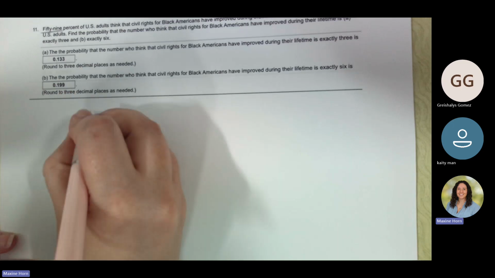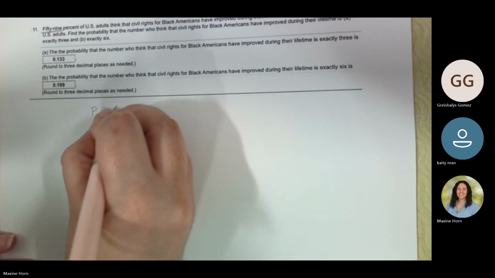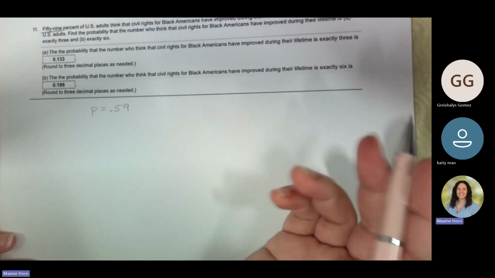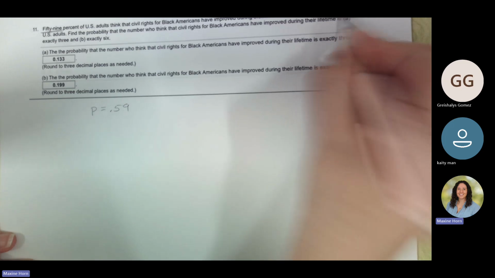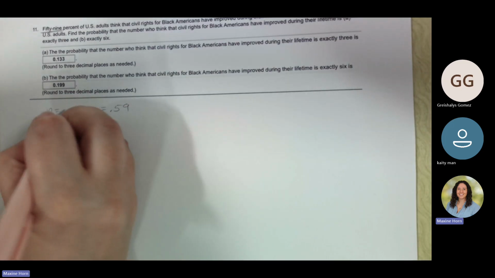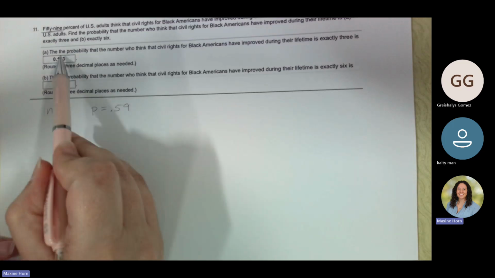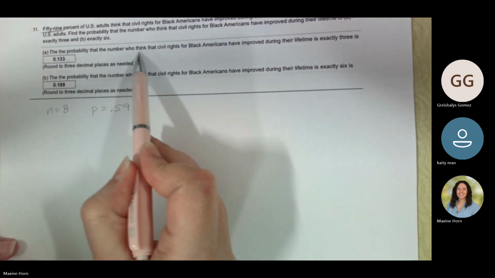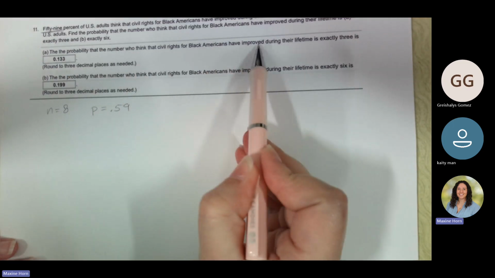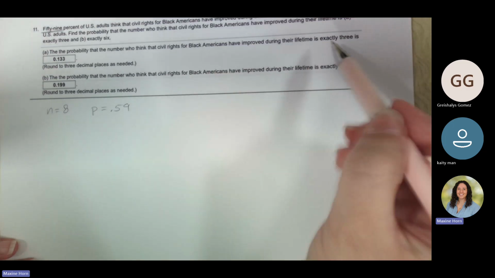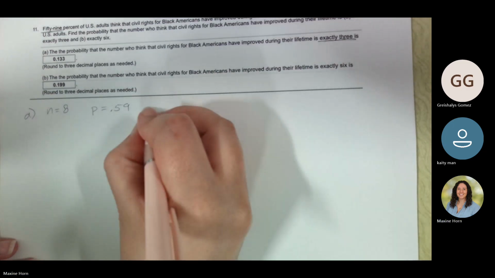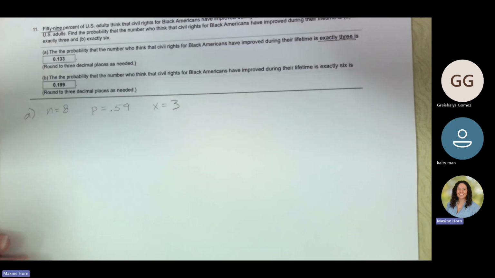59% of US adults, that's our P. You randomly select 8 US adults, that's our N. So for A, they're saying find the probability of successes in this particular situation is exactly 3. So for A, our X is 3.